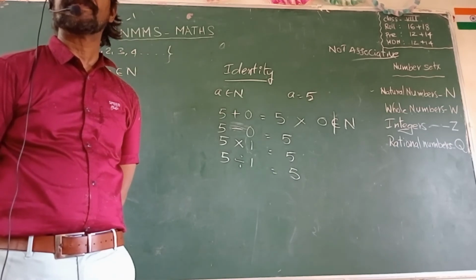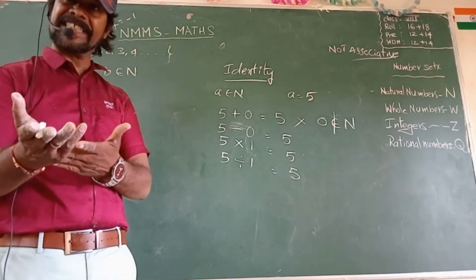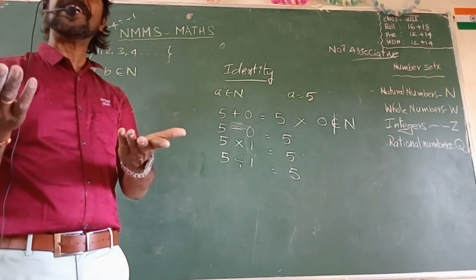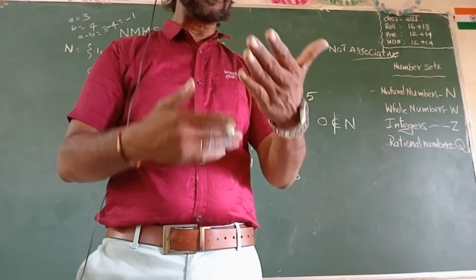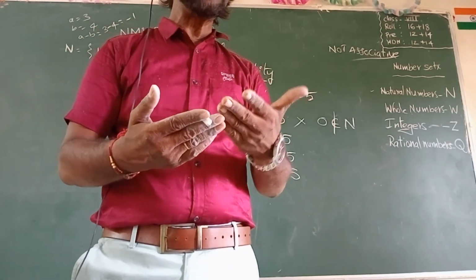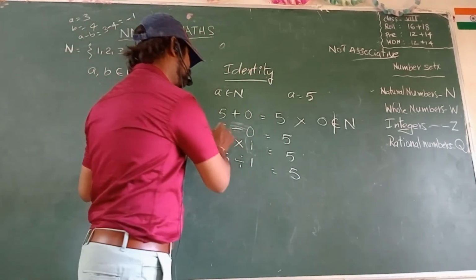For subtraction also, if there is no additive identity, there is no addition and there is no subtraction. Subtraction is the opposite of addition. Okay, understand? Yes, sir. Got it.